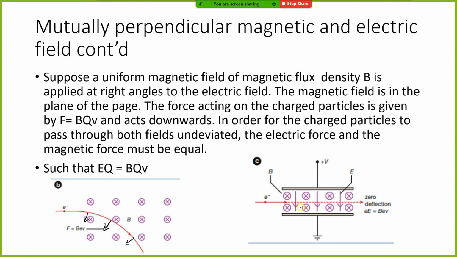So once we reach a point of equilibrium, or balancing, then what you would see is that the electrons would be passing through the plates undeviated, right?